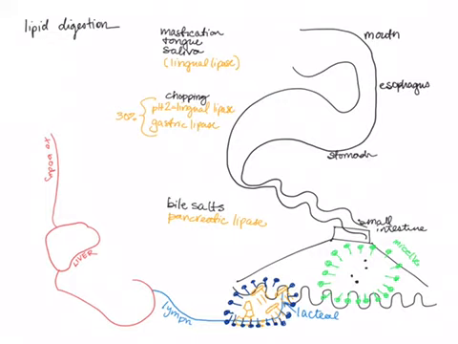And this new package that's being made by the simple columnar cell is called a chylomicron. And so now that entire package will enter this lacteal and travel via the lymph to the bloodstream.